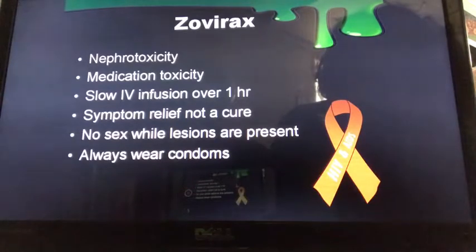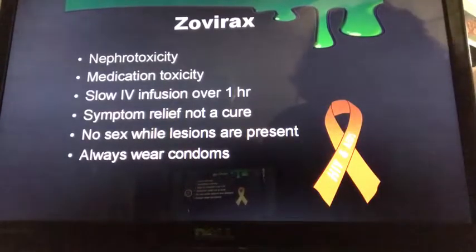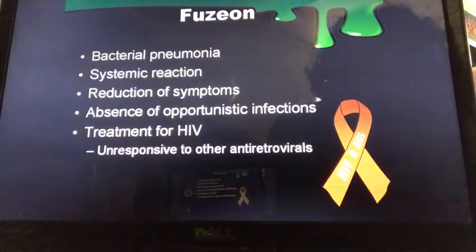It is not a cure, and you still need to be very sexually aware that if you have sex while lesions are present, you can pass herpes on to someone else. These people who have genital herpes, even if they're getting treated, need to always wear a condom just to prevent that infection in their partner.